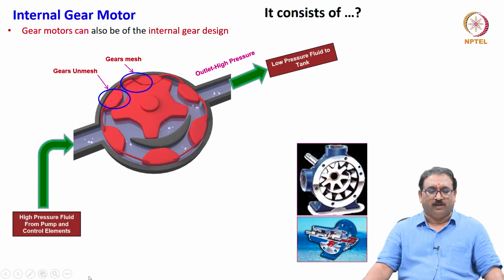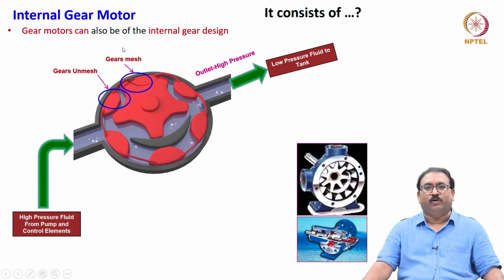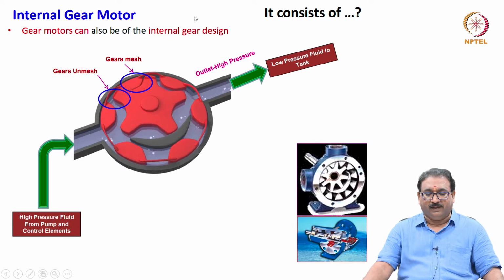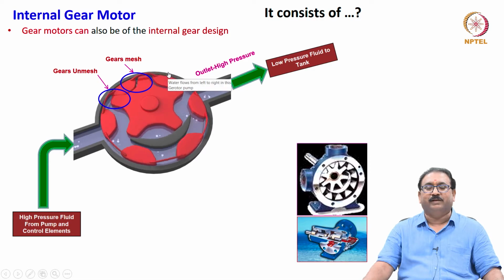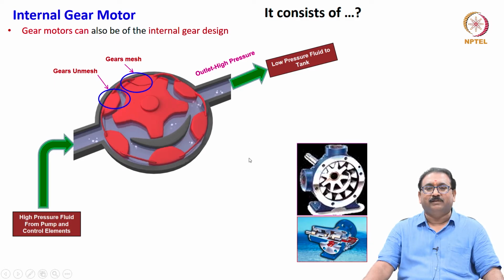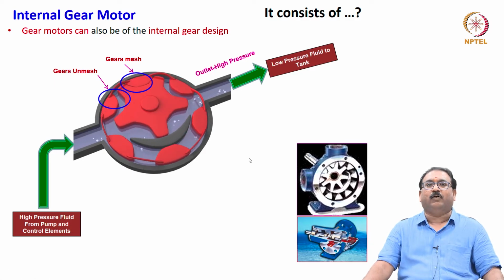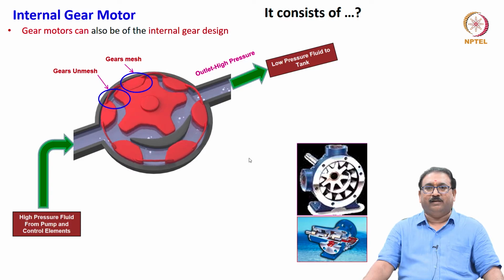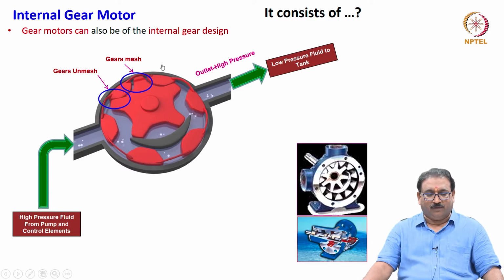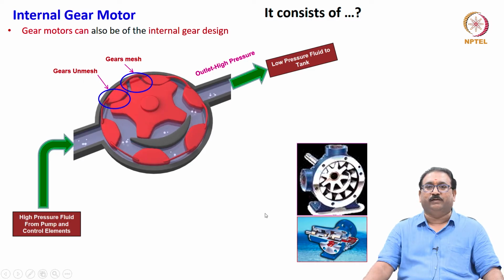Now we'll move on to the internal gear motors. The gear motors can also be of the internal gear design, similar to internal gear pumps. You already discussed in the previous classes many details on internal gear pumps. Can you please tell me what are the things I have shown in the figure?